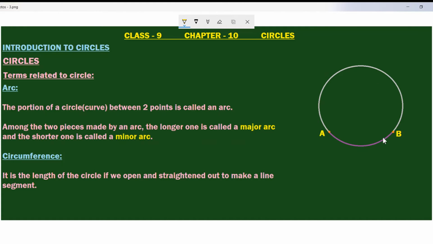So we can call this the minor arc and this the major arc. Got it? And the circumference is the length of the circle. If you measure the length of the circle, we will get the circumference of the circle. Let's move on to the next page.